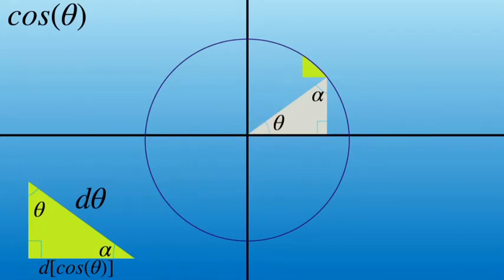Right? And I can prove to you why this angle is theta right over here. So, since alpha plus theta equals 90, right?